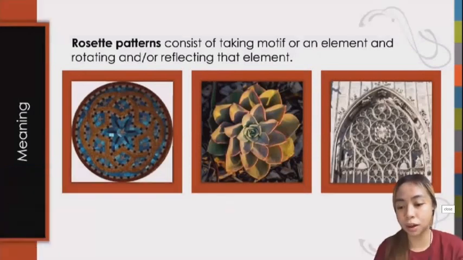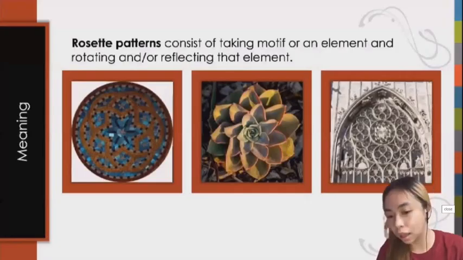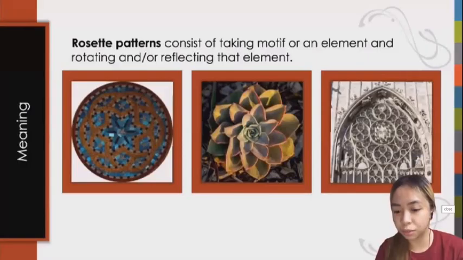However, pwede din siyang mag-exist with or without reflection symmetry. In other words, ang isang figure or ang isang shape, hindi siya ma-recognize as rosette pattern unless may rotational symmetry na pinapakita sa kanya. A rosette pattern describes the possible symmetries of a flower or a pinwheel.